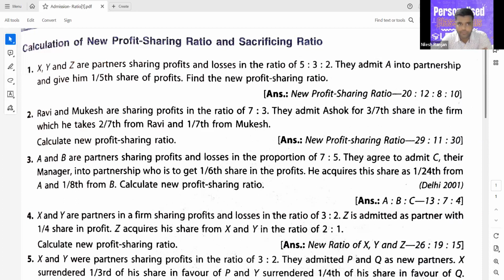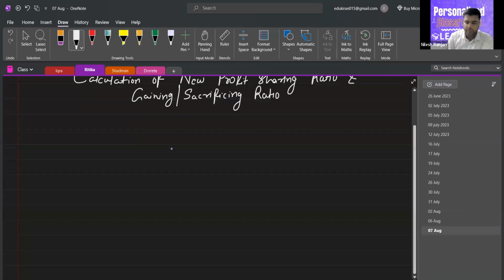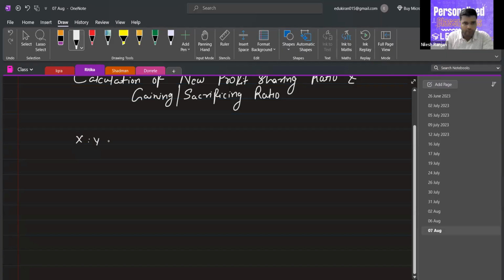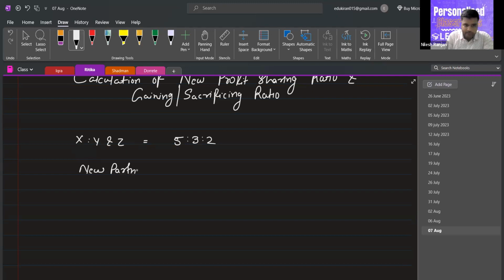Okay, so in this situation, what we will do: there are 3 partners, X, Y, Z. Their profit sharing ratio is 5:3:2. Now, there is a new partner, A, and his profit share is 1/5.